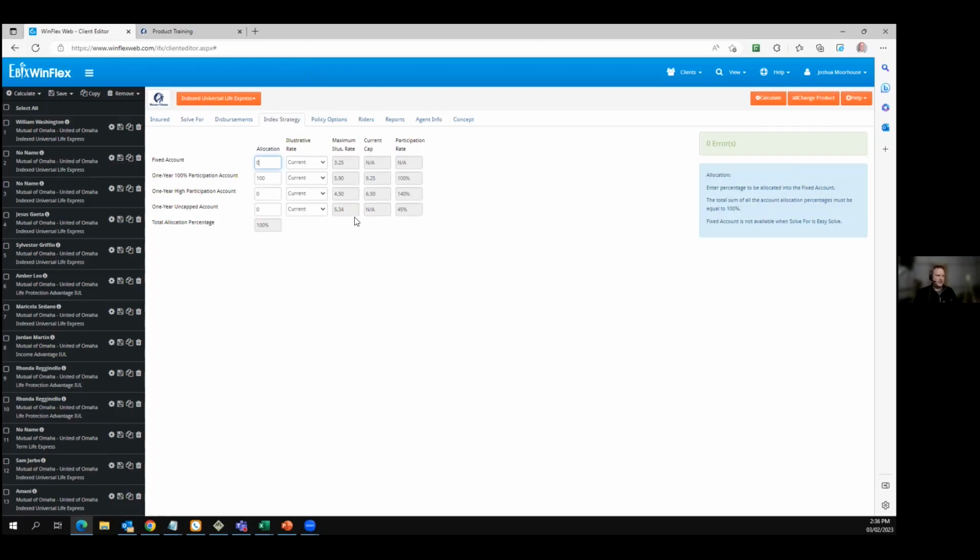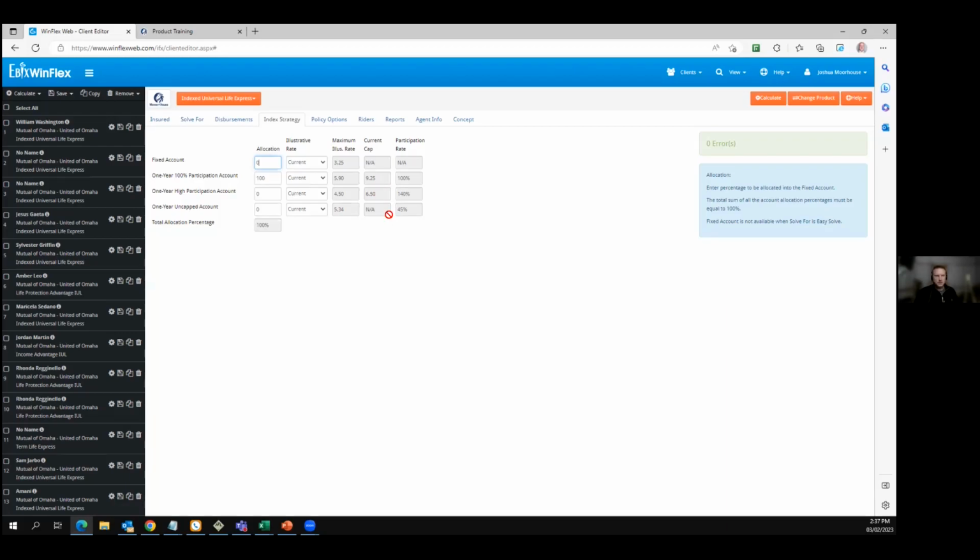It follows the S&P 500 from 0 to 9.25%. So it has a cap of 9.25 and bottoms out at 0. If it has a negative 30 return, you're still at 0. If it has a 30% return, you're capped at 9.25.